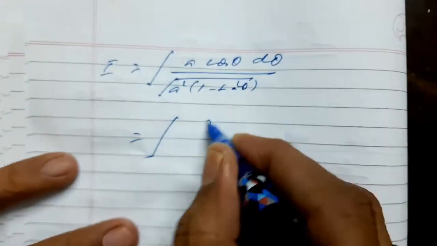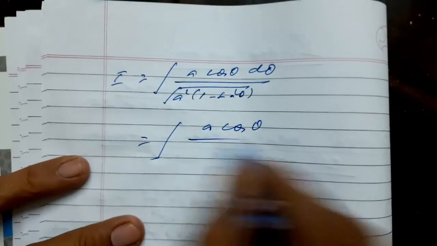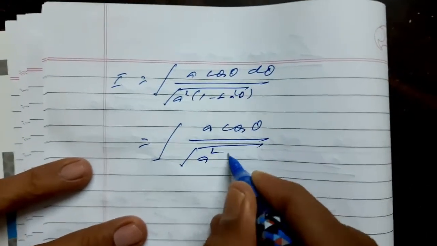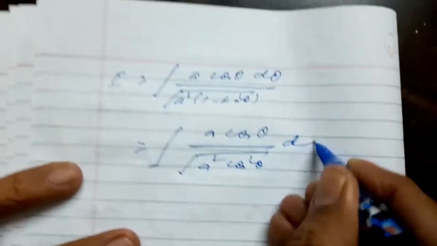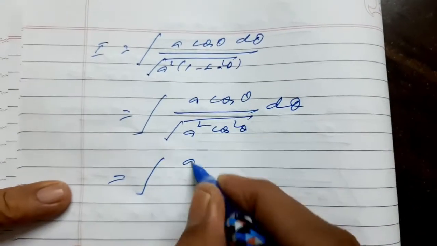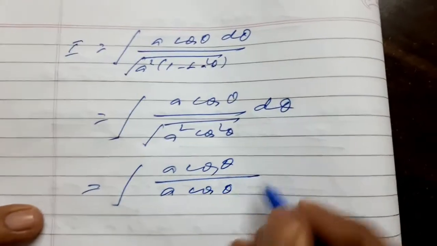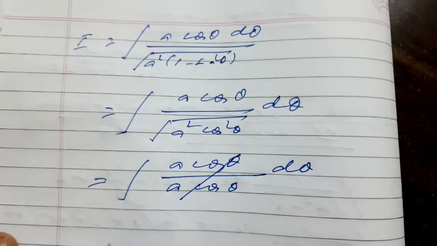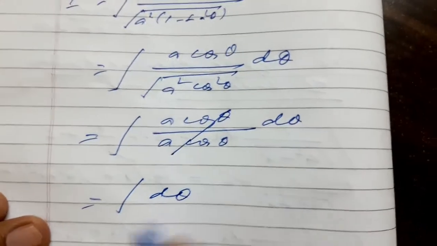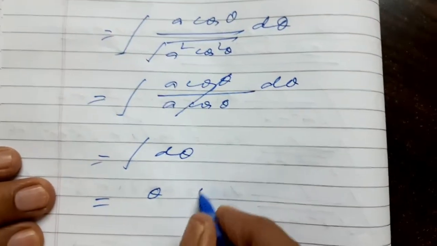So finally it will be a cos theta upon root under a square cos square theta d theta. The a cos theta cancels with a cos theta, and what remains is d theta. The integral of d theta is theta plus c.